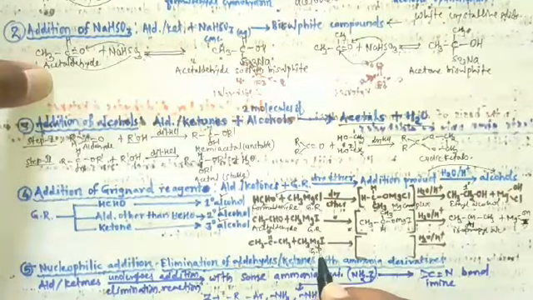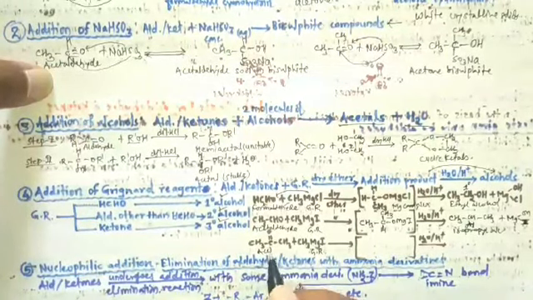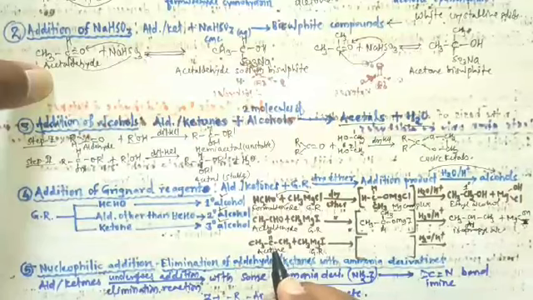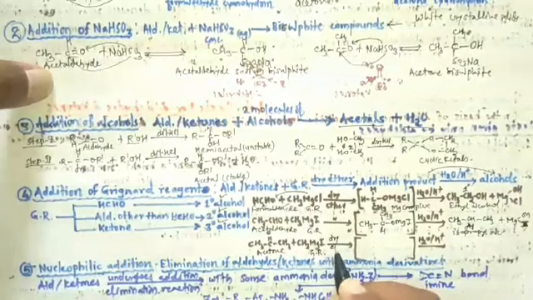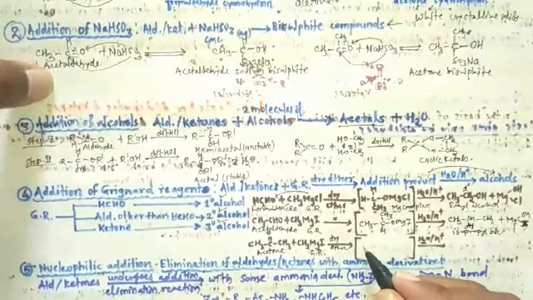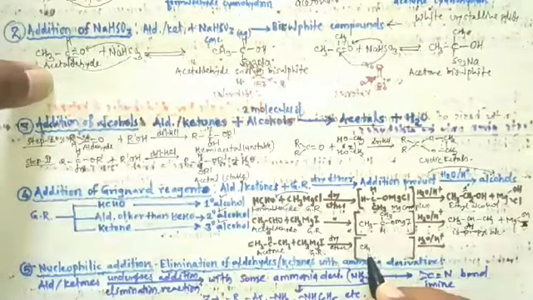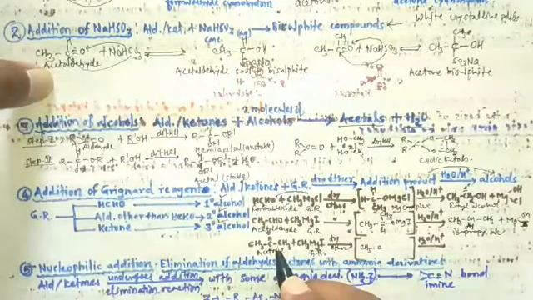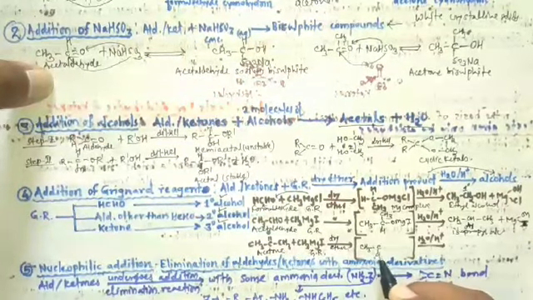Now the Grignard reagent on reaction with acetone, the first member of the ketone family. First of all, when the reaction is carried out in presence of dry ether, a magnesium complex is formed. Here the magnesium complex has the structural formula CH3C, and here there is also CH3.